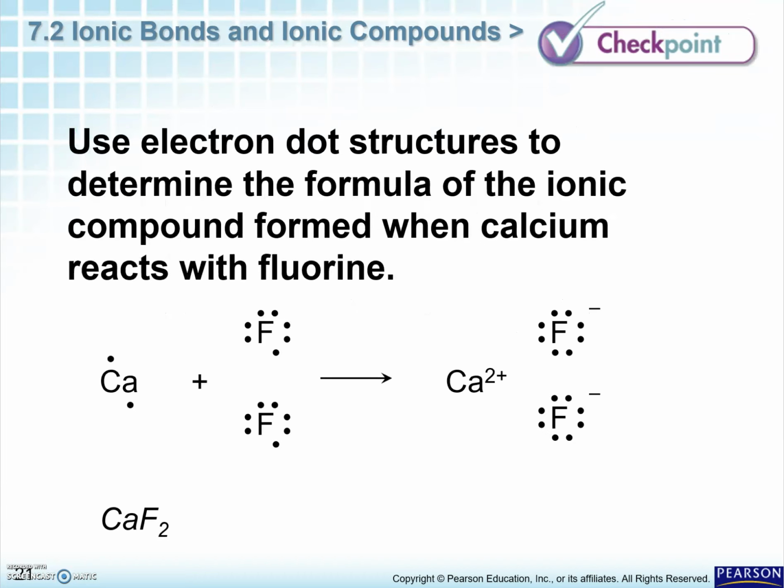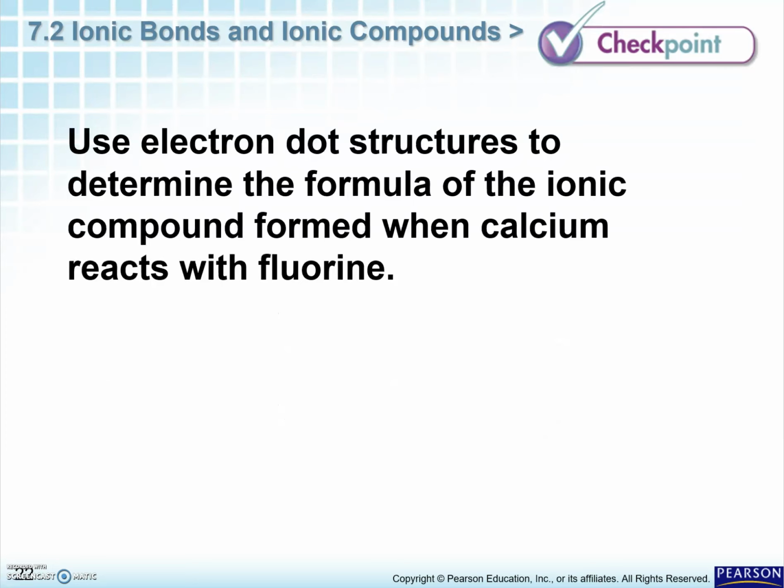So we're going to do one last example of our calcium and fluorine. So if you want our calcium and fluorine, we start out with our 1 calcium that has 2 valence electrons, and we start out with our fluorine that has 7 valence electrons. So if we donate 1 valence electron to fill that octet for fluorine, we still have this extra one.